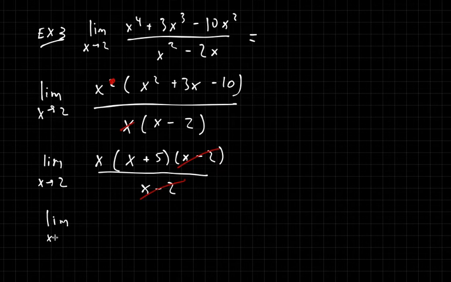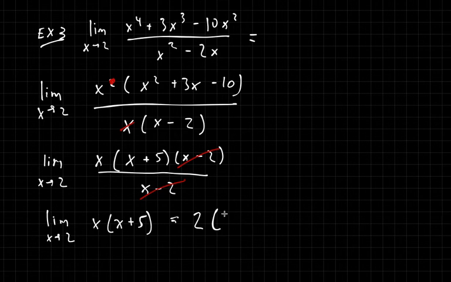Okay, so now we have this. And it doesn't look like we can really simplify this any further. So, because we can't simplify any further, we're going to try direct substitution again. And let's see.